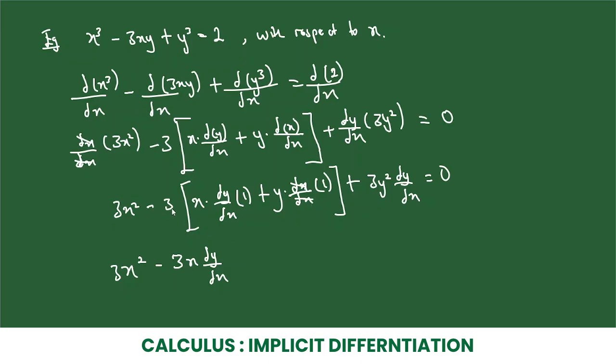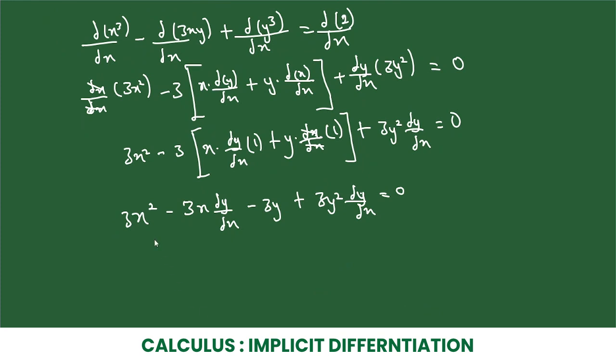So minus 3 times y times 1. That is going to give us minus 3y plus this 3y squared dy over dx, which is equal to 0.